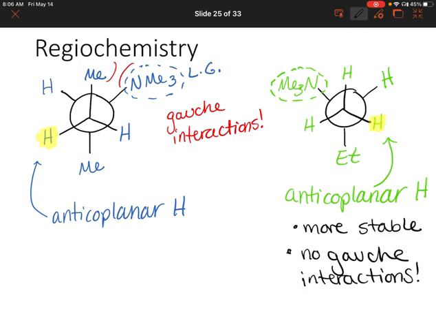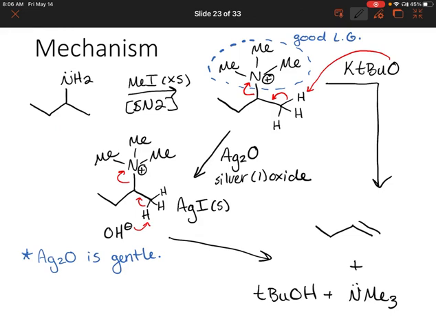Okay, so the main message here is that if you do want to form the Hoffman product, which you can, you first have to convert your amine into a better leaving group. So we're going to over-alkylate it using an SN2 reaction. And then we just want to use some sort of either bulky base like potassium tert-butoxide to perform elimination, or we could use that silver 1 oxide.